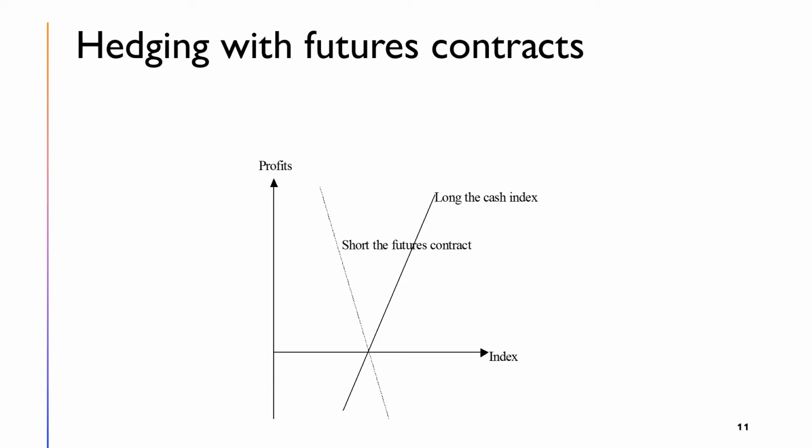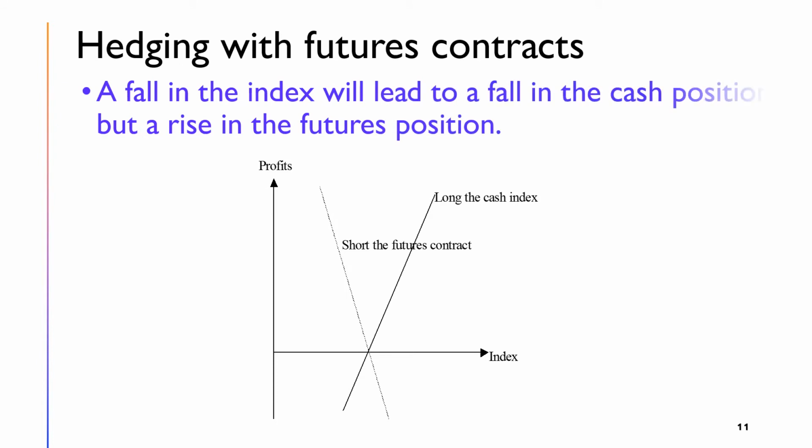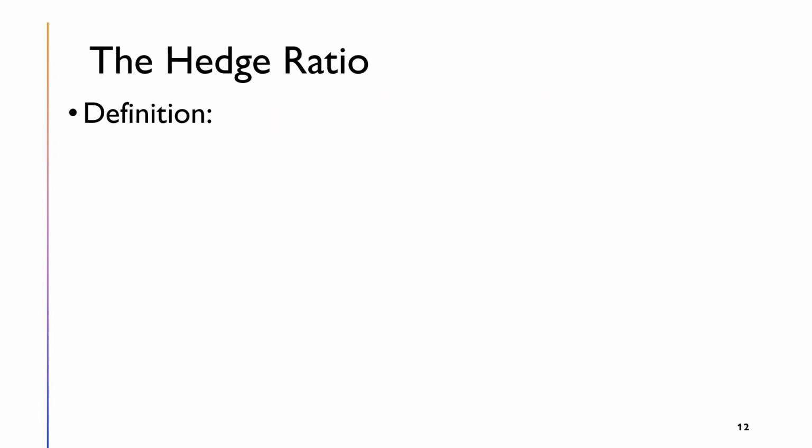You can see from the diagram that when the index increases, the profits from the cash index also increase. However, the profits are offset by a loss in the short futures position. In contrast, a fall in the index will lead to a fall in the cash position, but a rise in the futures position.